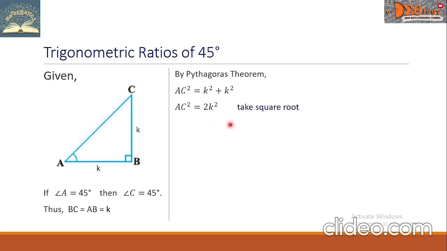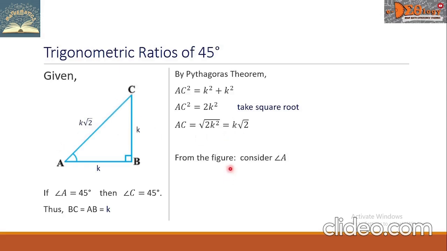And let us take the square root of this equation. The left side is now the value of the hypotenuse. That is the AC. And that is equal to the square root of 2K square. We can simplify the right side as K square root of 2. Let's write the value in the hypotenuse of the figure.